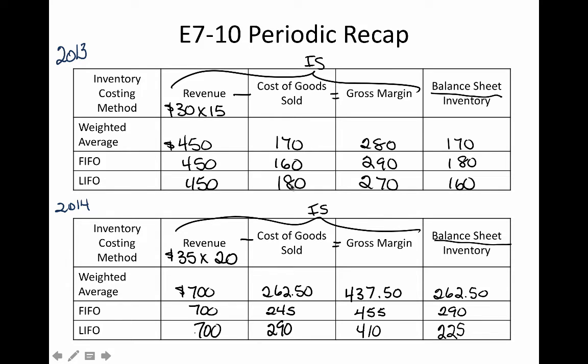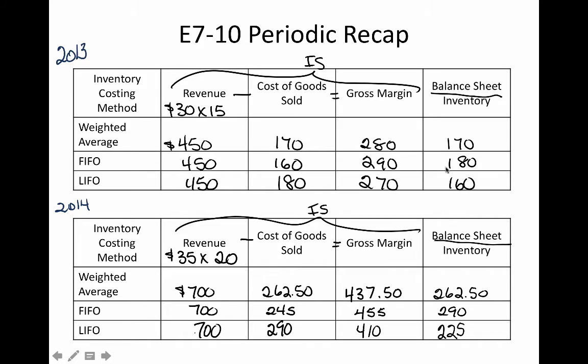Notice for FIFO, the opposite is true. The cheapest costs, the first ones in, were found in cost of goods sold, so FIFO gives you the largest gross margin and the largest net income. Also notice for FIFO, it has the largest number on the balance sheet.